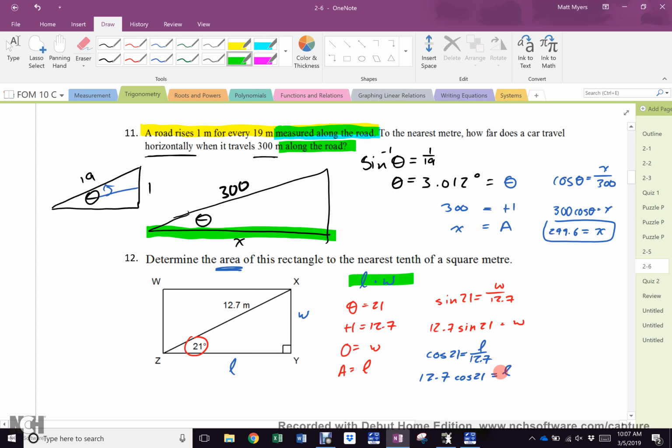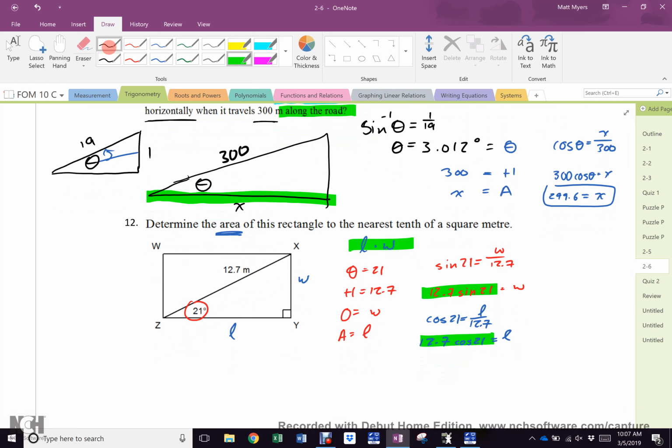Well, there's my L, there's my W. So to answer the question, I need to do 12.7 sine 21 times 12.7 cos 21. Now, if I have a forward calculator, that's super easy, isn't it? What do I punch in? Just like that, 12.7 times sine 21 times 12.7 times cos 21.